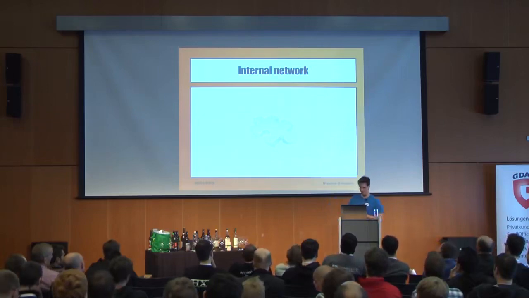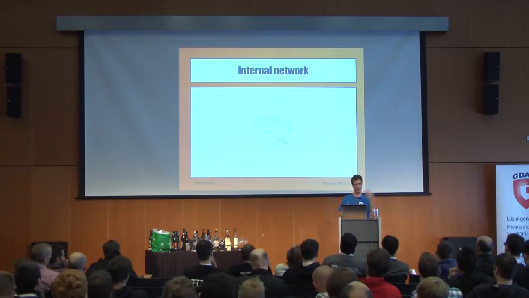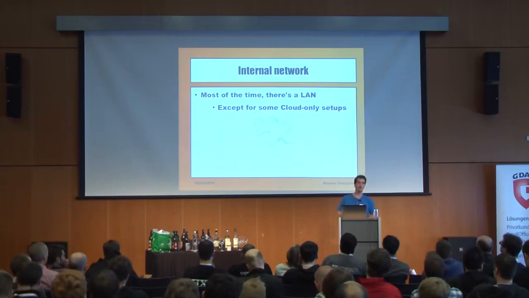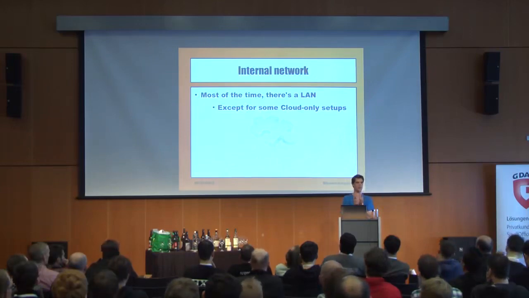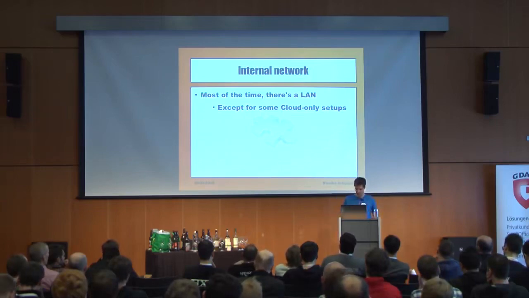So, internal network. So we were not able to score on loopback or multicast, so we still have the internal network. So most of the time you have internal network. In some cloud-only setups, for example, part of the Prezi infrastructure, you don't have internal network. It's only servers with public IP addresses listening on the internet and no private links or nothing.